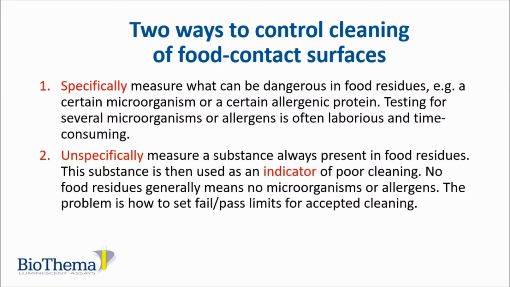Alternatively, you can unspecifically measure a substance always present in food residues. This substance is then used as an indicator of poor cleaning. No food residues generally means no microorganisms or allergens. The problem is how to set fail-pass limits for accepted cleaning.